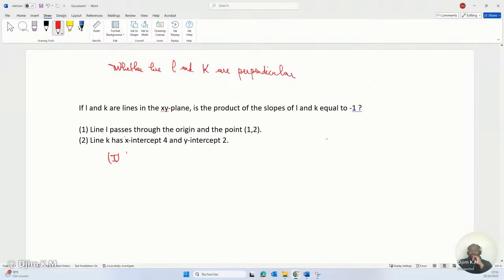So L passes through the origin, 0, 0, and 1, 2.